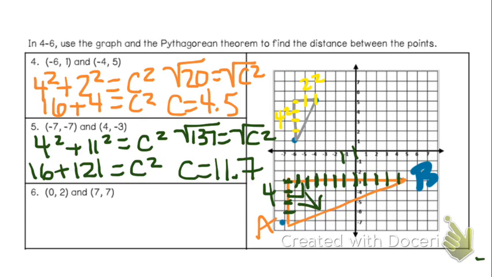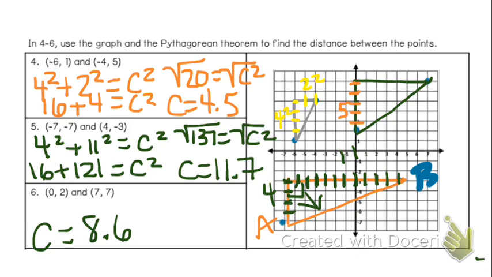Okay, so in number 6, you should have gotten C equals 8.6. I have a point at 0, 2, and a point at 7, 7. I draw my right triangle. I can count the distance. The distance is 1, 2, 3, 4, 5.